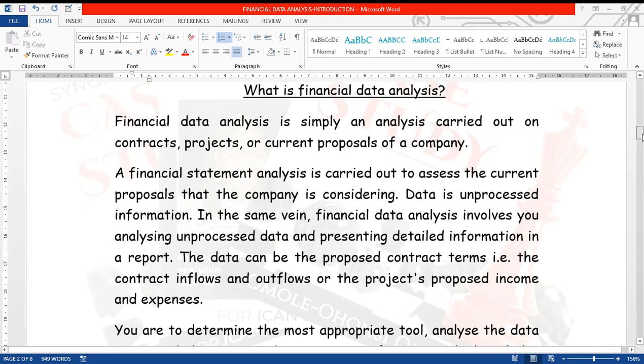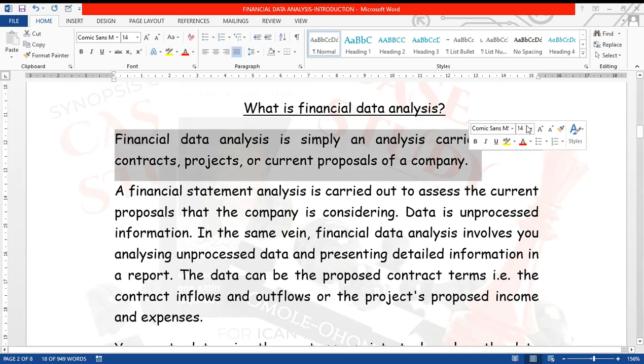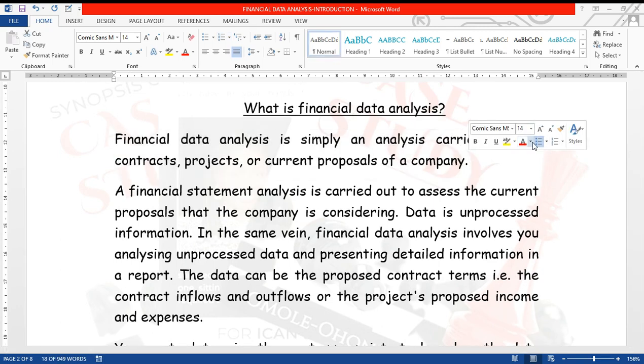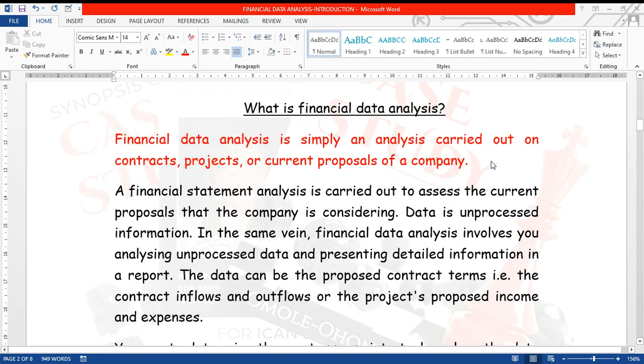So what is a financial data analysis? A financial data analysis is simply an analysis carried out on projects, contracts, or current proposals of the company. So when you are analyzing a contract, a project, or proposals that the company is considering and embarking on, then you are doing a financial data analysis.